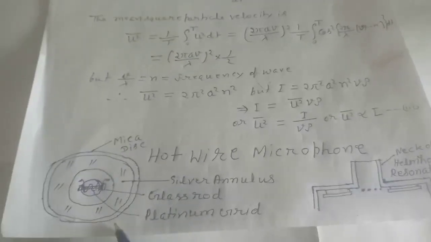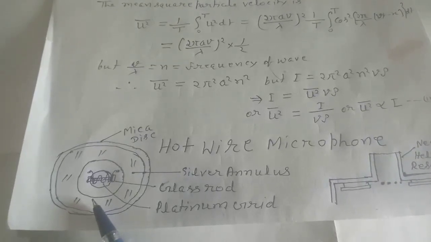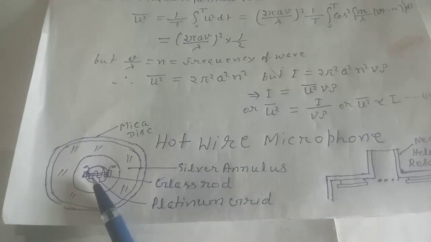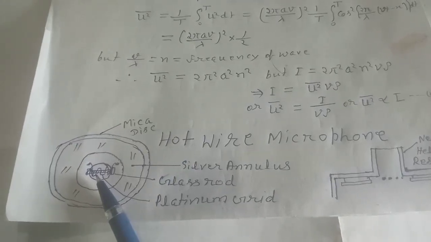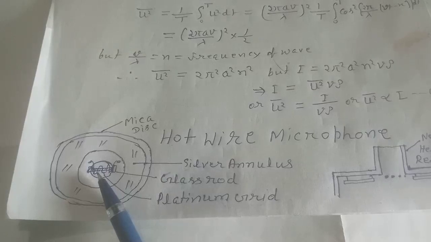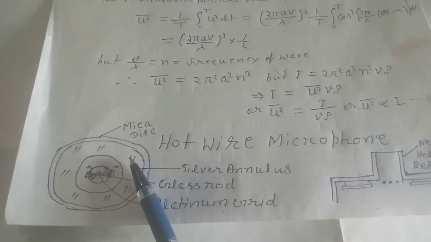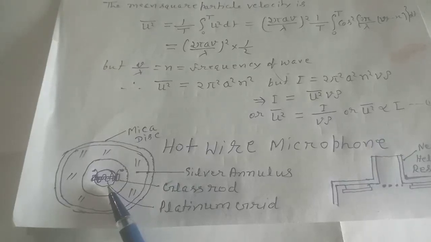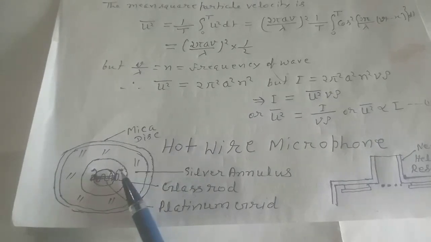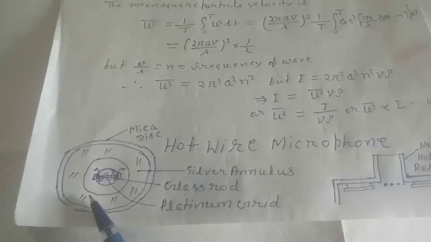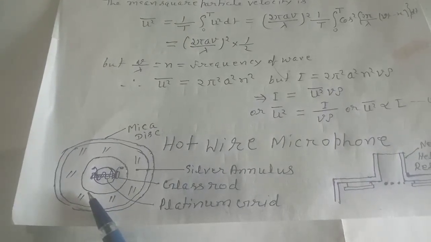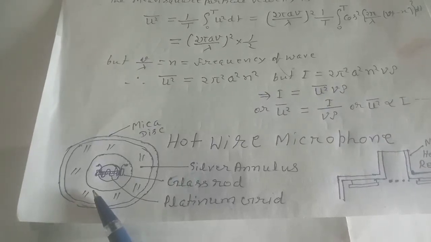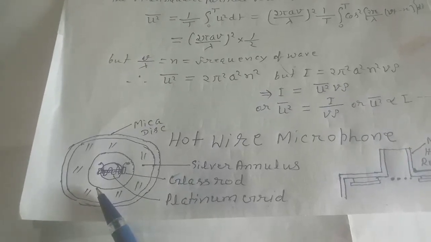It consists of a grid of platinum wire which is held in a small glass rod mounted on a mica disc. The ends of the grids are soldered to a pair of silver annulus attached to the faces of the mica disc.